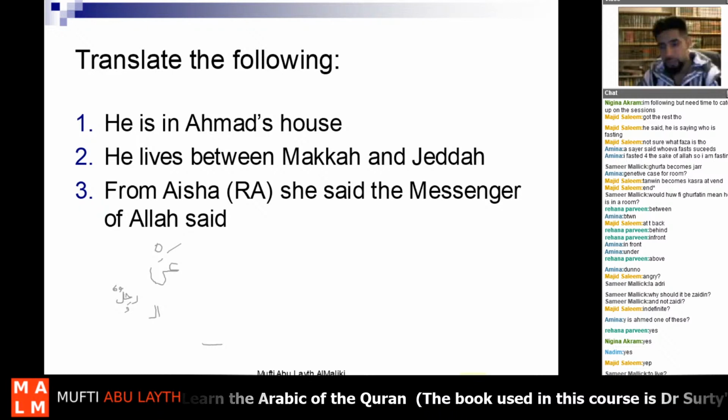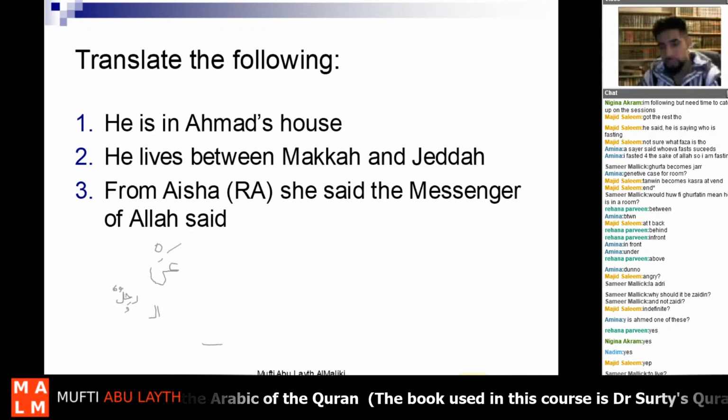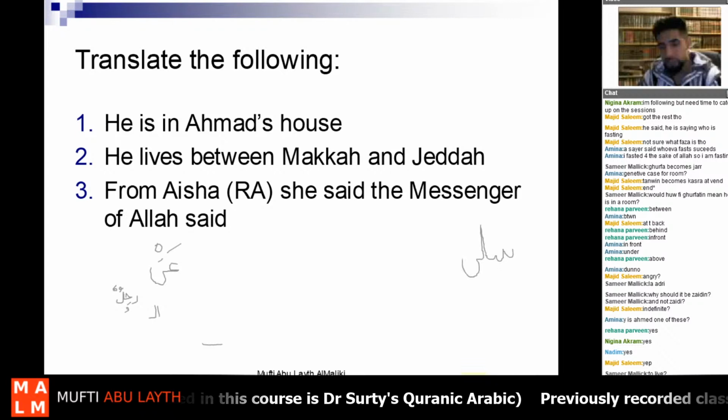So sakana, you can either make the active participle out of that, as in sakin, or I'll just give it away now. You can just use the present tense, which we haven't actually done yet, but that's fine, just as a one-off.